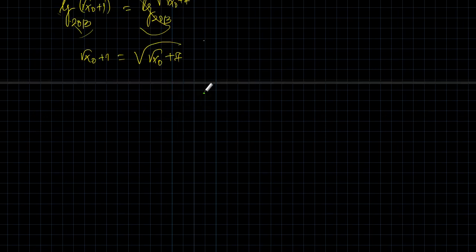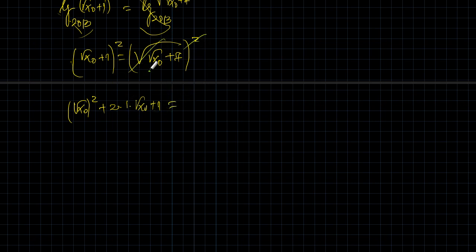I'm going to square both sides of the equation. Now we have a perfect square here, and we're going to solve this. So this is x0 squared plus 2 times 1 times square root of x0 plus 1 squared, which is 1, equals x0 plus 7, right? I'm going to keep this square root of x0 to the power 2, I'm not going to cut this, you will understand why.